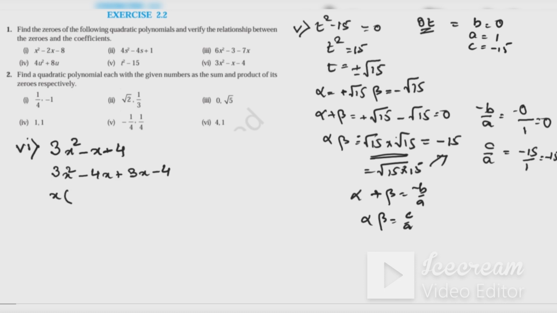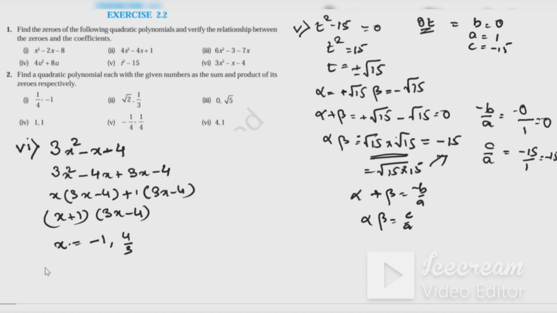Taking x common, I will have 3x minus 4 plus, taking 1 common, 3x minus 4. So x plus 1 and 3x minus 4. So what are the values of x? Zeroes I will have as minus 1 and 4 by 3. So alpha is minus 1 and beta is 4 by 3.